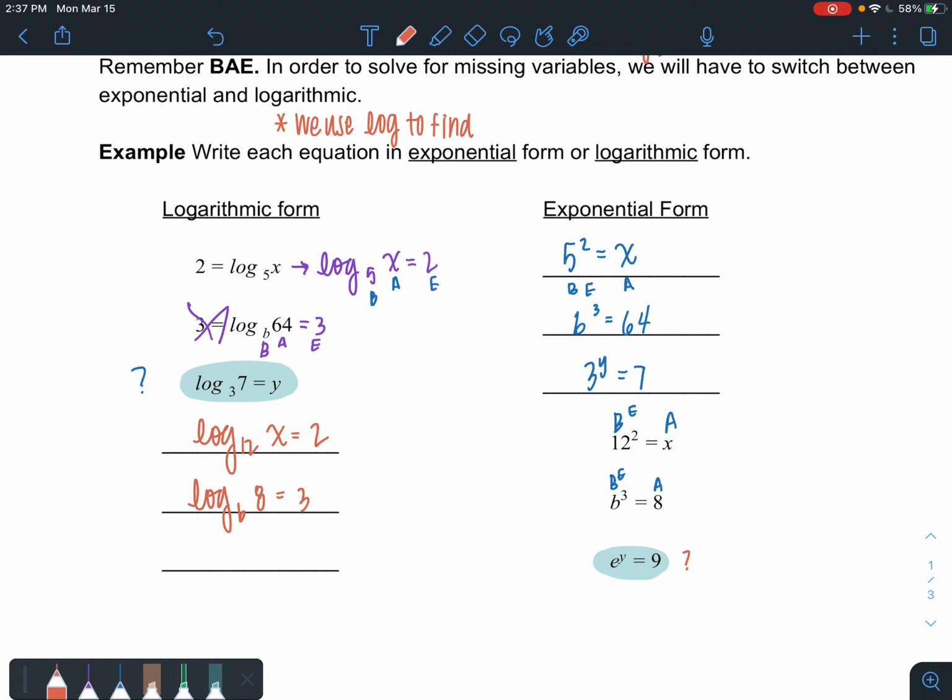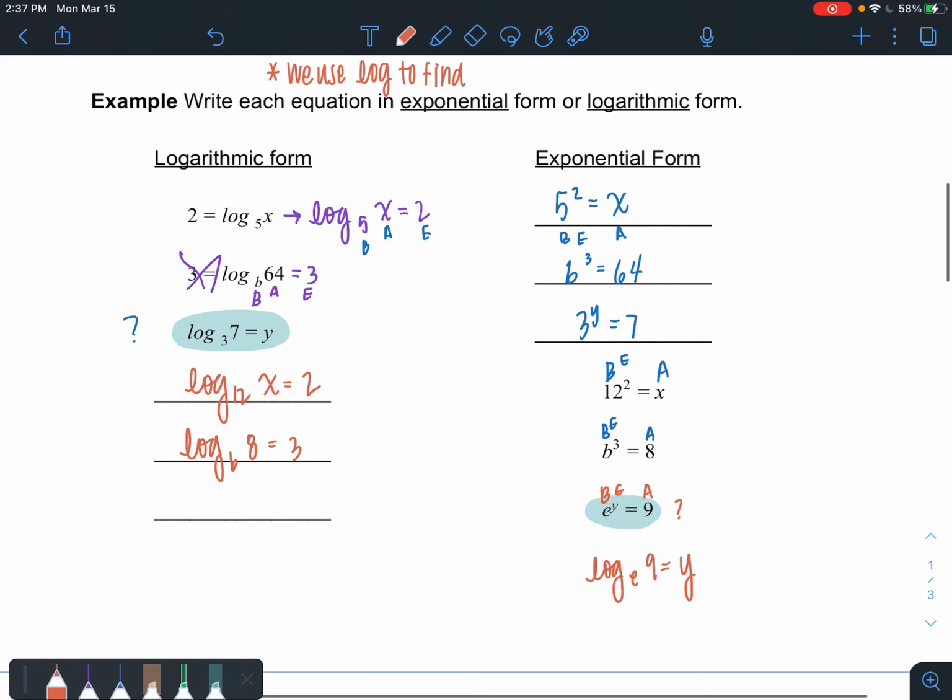Okay, so for this one here, this is my B, E, A. So I'm going to bay it. So I have log base e of 9 equals y. However, when I have log base e, you have to remember from before, log base e is equal to ln.